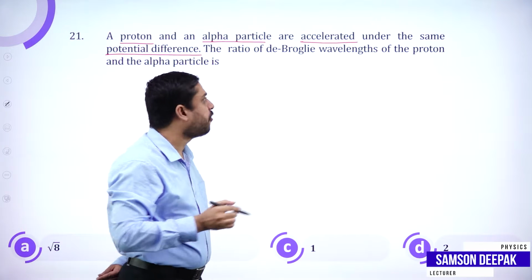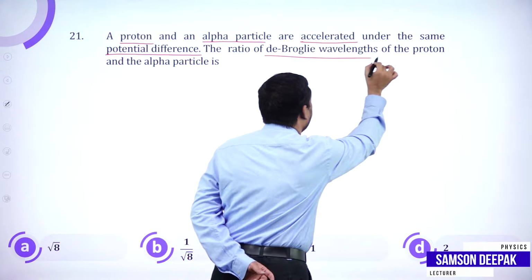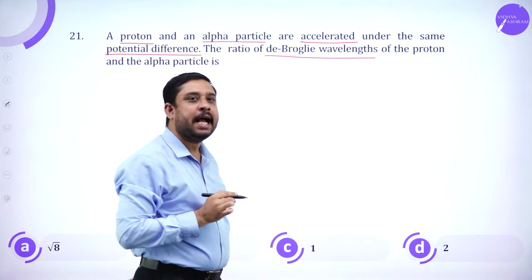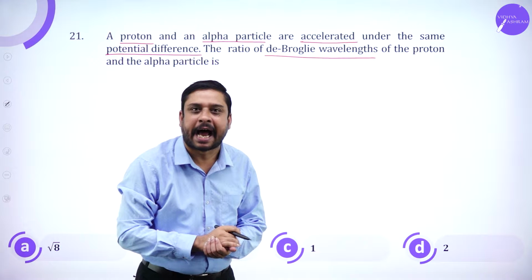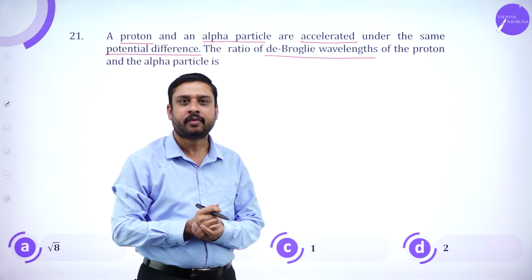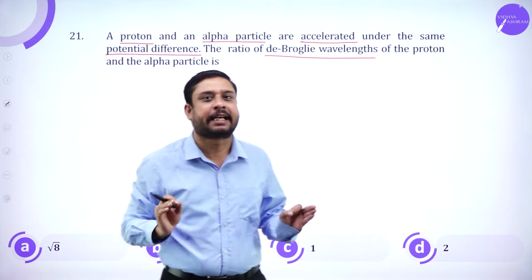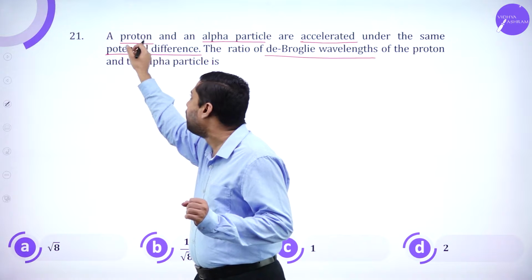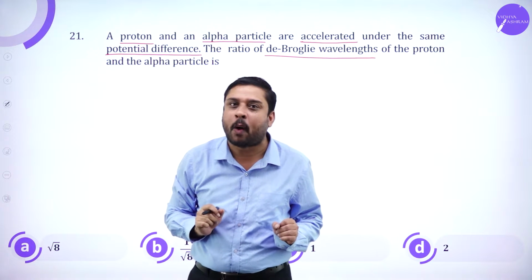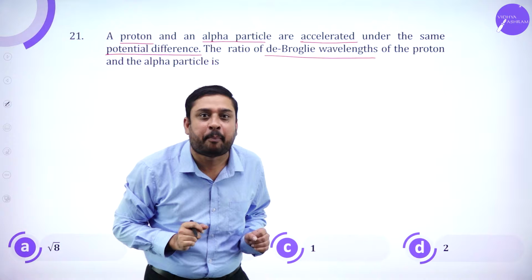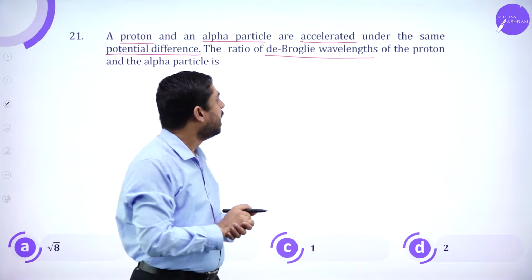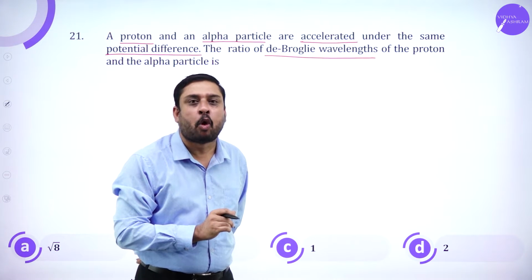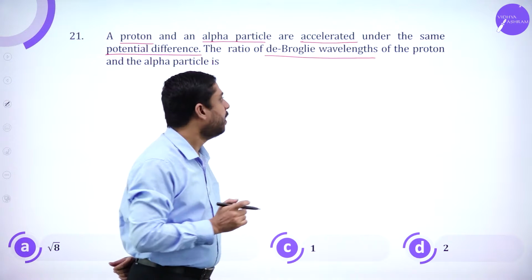The ratio of de Broglie wavelengths of the proton and alpha particle has to be calculated. Which are the two particles accelerated? One is a proton and the other one is an alpha particle, and they are accelerated under the same potential difference.